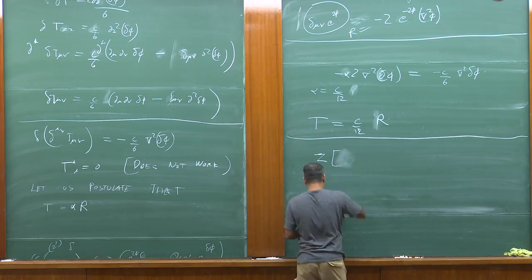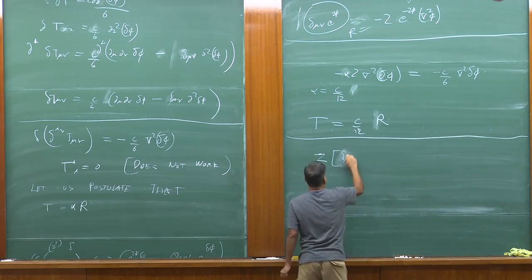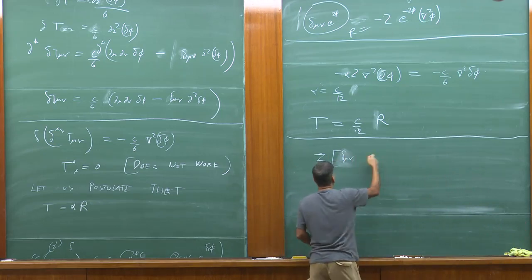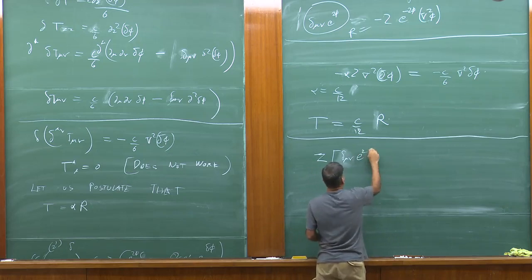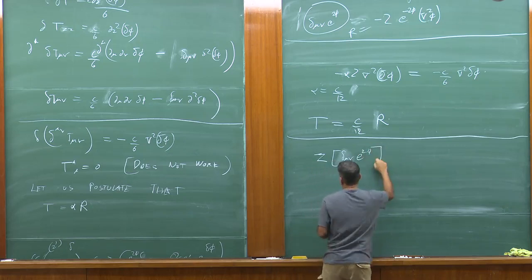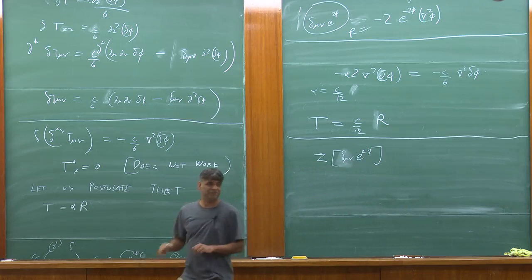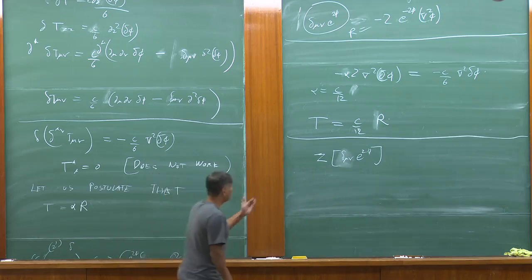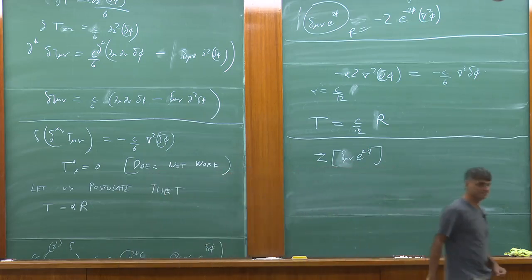Let me at the moment focus on delta mu nu, but actually it will not matter for most things, times e to the power 2 phi, fine. Suppose I have this partition function, and I want to change phi infinitesimally. I want to change phi to phi plus delta phi.